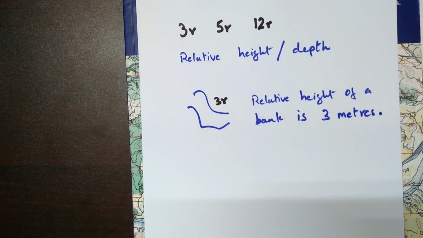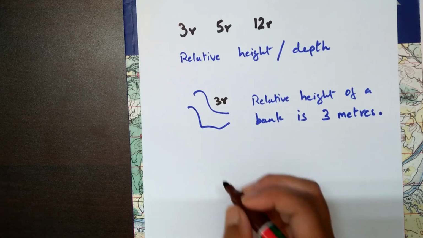Remember children, relative height is not taken from mean sea level. It is a height taking just the surroundings only. So you can just write: relative height of a bank is 3 meters.